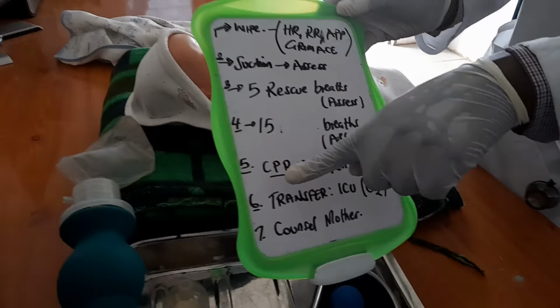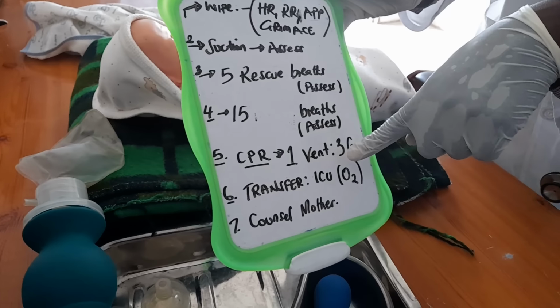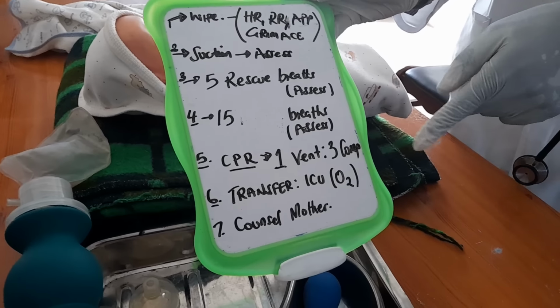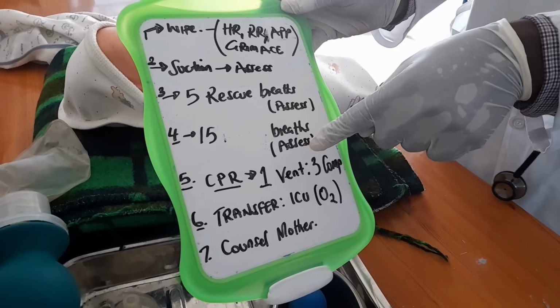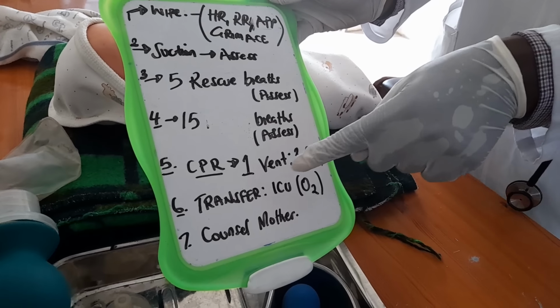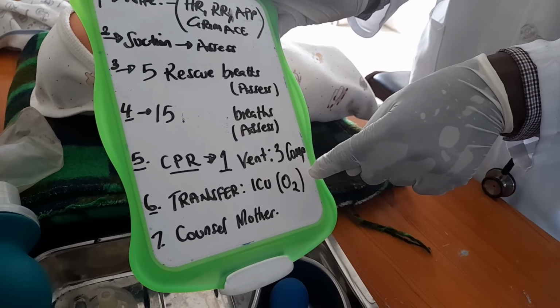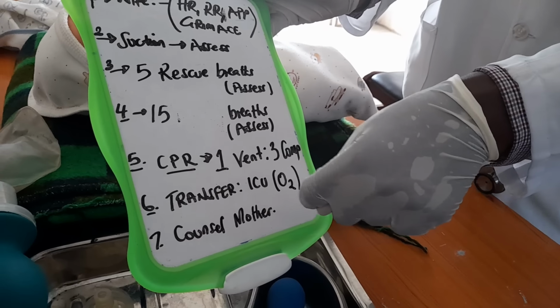But then another scenario can come whereby the baby has cried, maybe at step 5. You do your CPR, then the baby cries. The examiner will tell you that the baby has cried at step 5. So what do you do here? You are not going to transfer the baby to ICU, but you give some IEC or counseling to the mother.